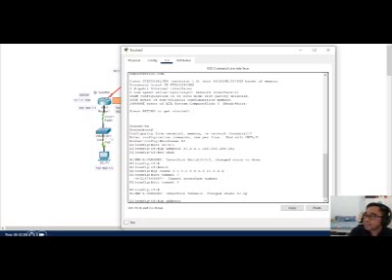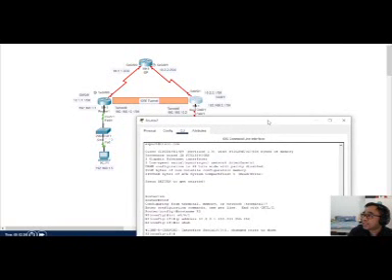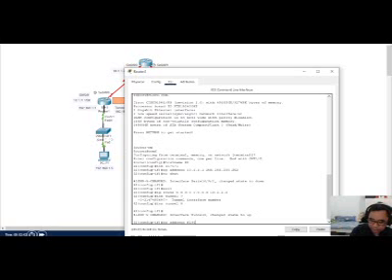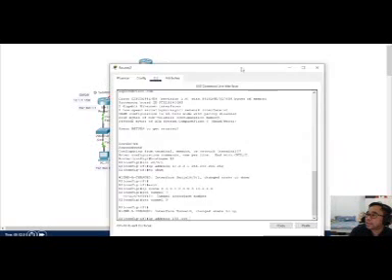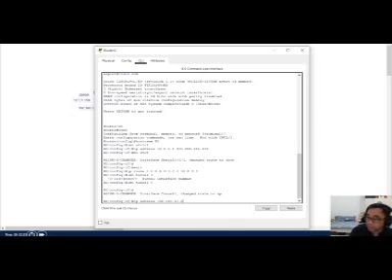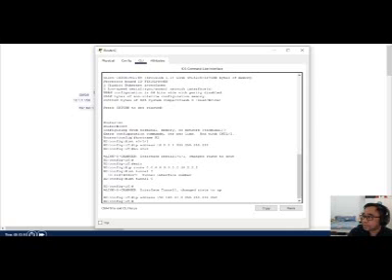IP address is 192.168.10.2, subnet 255.255.255.252. Yeah, so we already set the IP address of the tunnel.